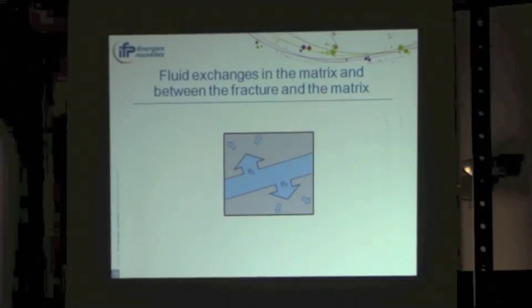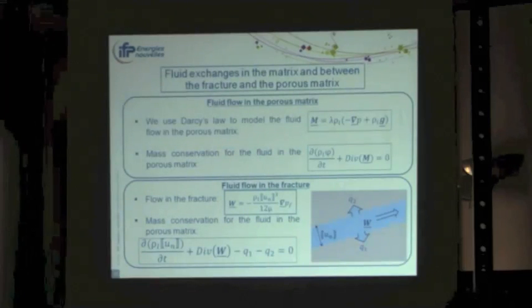In order for the model to be fully coupled, I mean coupling between the fluid in the matrix and the fluid in the fracture, we have to take into account the exchanges of fluid. So the fluid flux in the matrix is simply modeled by Darcy's law, and so the conservation law for the fluid in the porous matrix is the following equation.